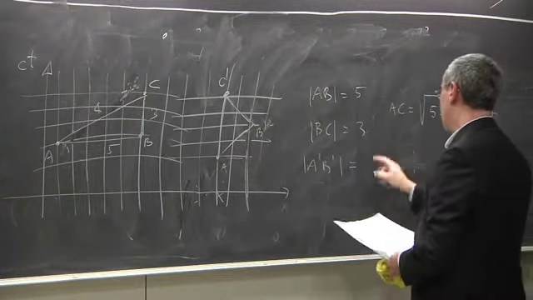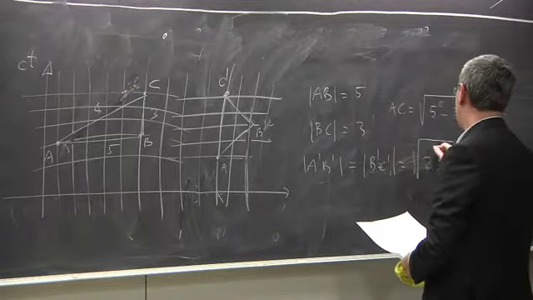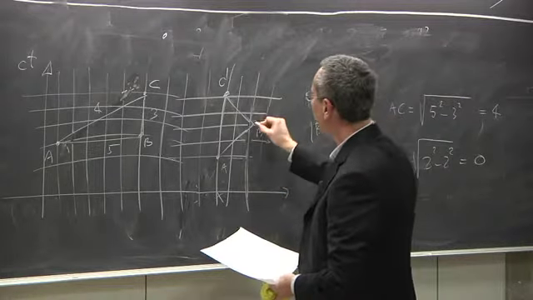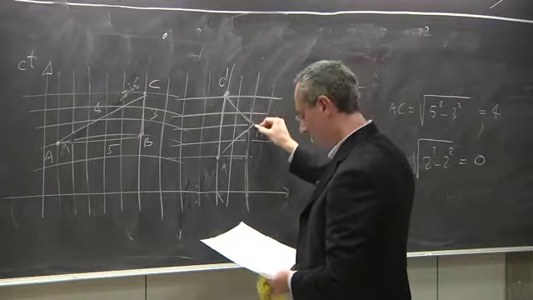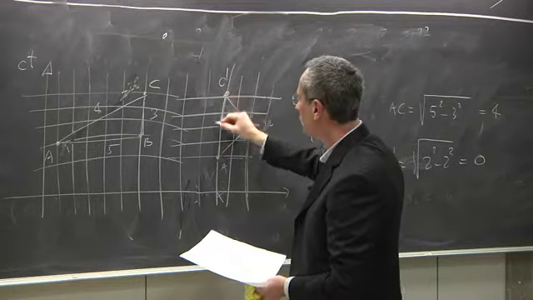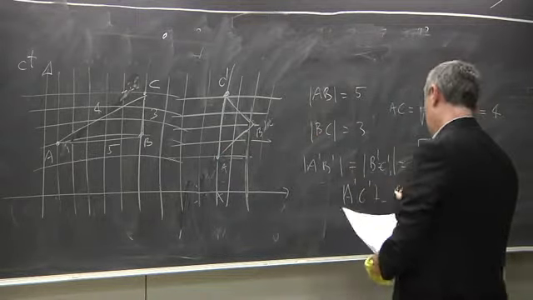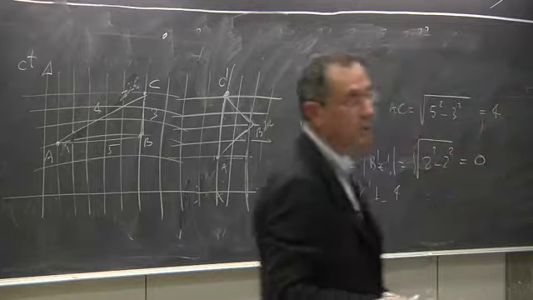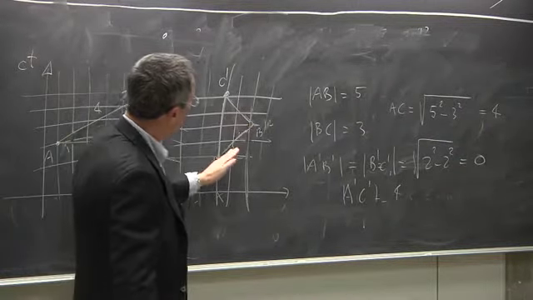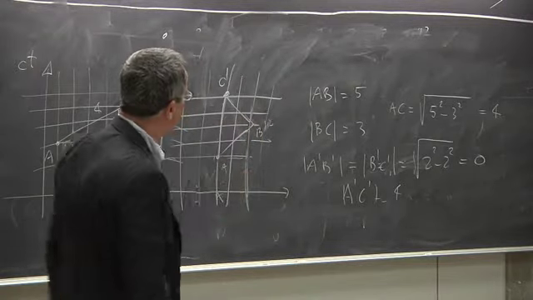Okay, so I made it wrong. So it's the square root of 2 squared minus 2 squared, so this is 0. So the distance from here to here is 0, and the distance from here to here is 0. And the distance from here to here is what? Well, you count 1, 2, 3, 4. So you see, it's a very weird thing, because as you move in this direction, this distance counts as 0. And this other one is there.